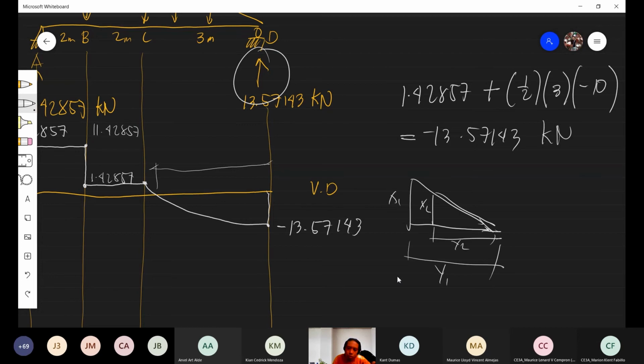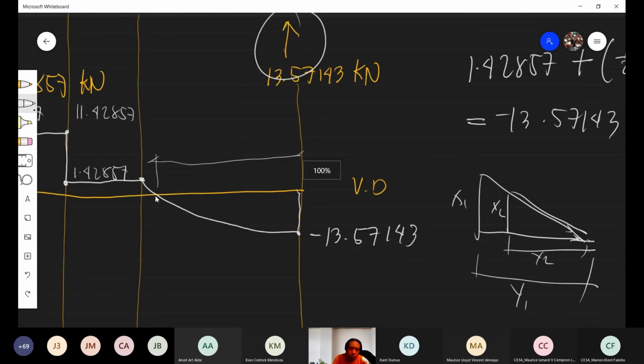We can relate x sub 1 over y sub 1 is equal to x sub 2 over y sub 2. Right? Is that the relationship?